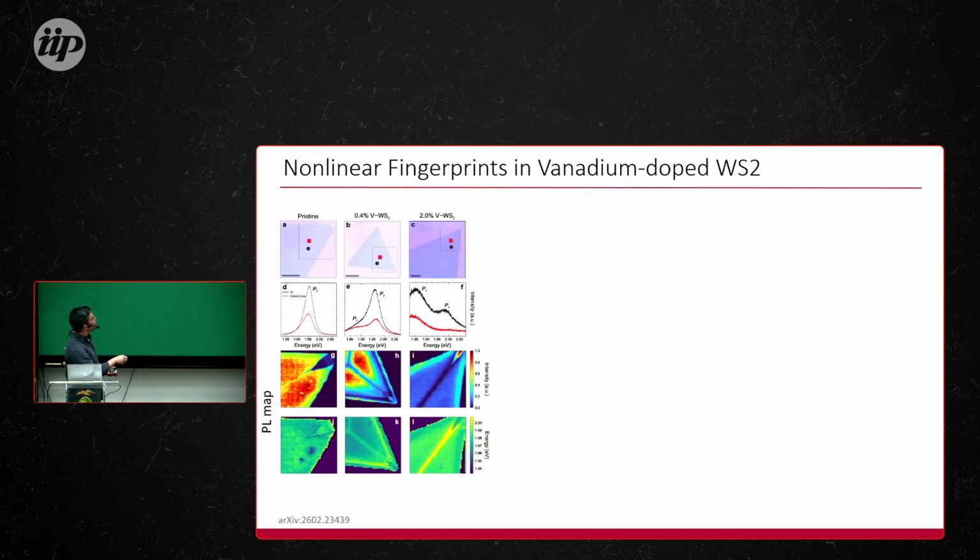For instance, in this one over here, you can see the line is along the bisector of this triangle. So this is interesting. We can see there is an energy shift of those peaks, and the intensity also decreases somehow.